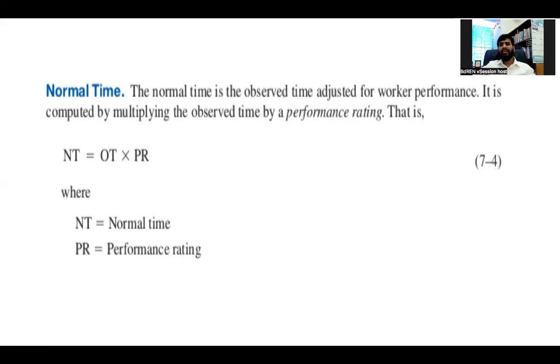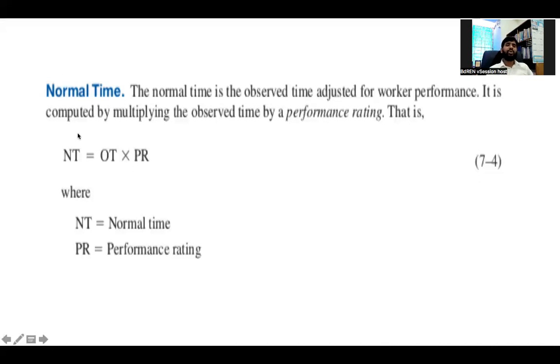Because during my discussion, I asked different questions, your reply and your attendance, your performance. There are several indicators. Based on those indicators, I can rate your performance that you are an A graded performer, B graded, C graded, or 90% good performer, 70% good performer, or 80% performer.